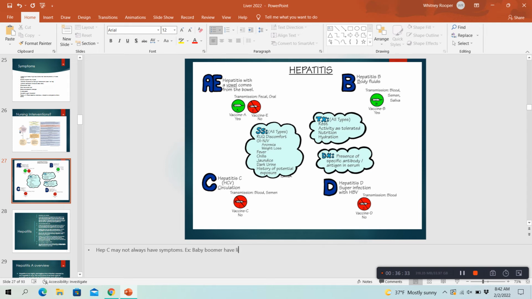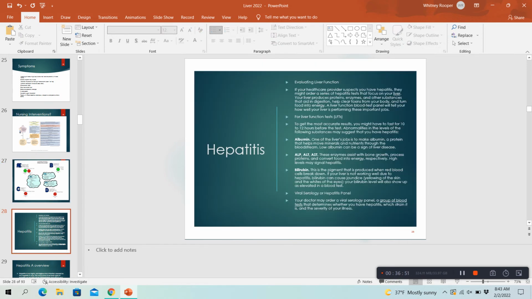With hepatitis, we want to evaluate the liver function. They may order a series of hepatitis tests. You want to look at their ALT, their AST again, their liver function tests. Albumin is a protein.